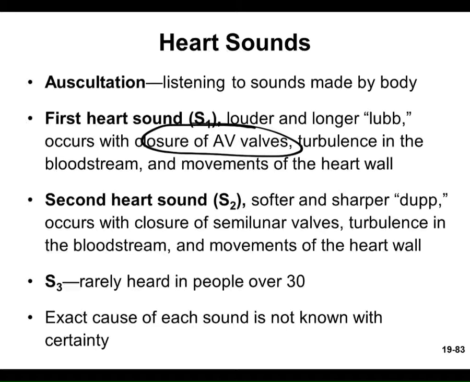The second one, dub, is a softer, sharper sound. Again, it's the closure of the semilunar valves along with the overall movement and the sudden stopping of the blood. There is an S3. I'm not going to worry about it. It's not usually an issue in people over 30 and not something I'm going to worry about.